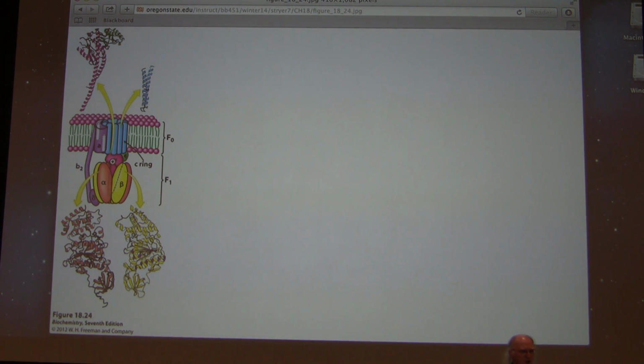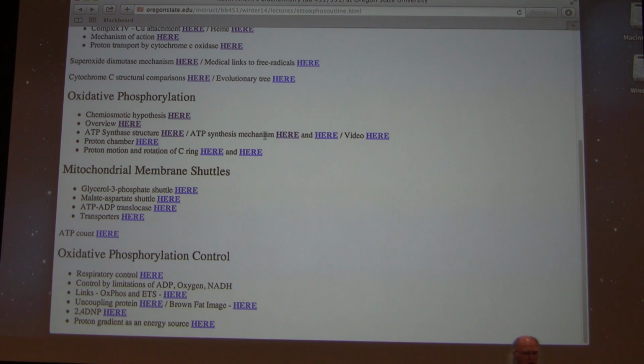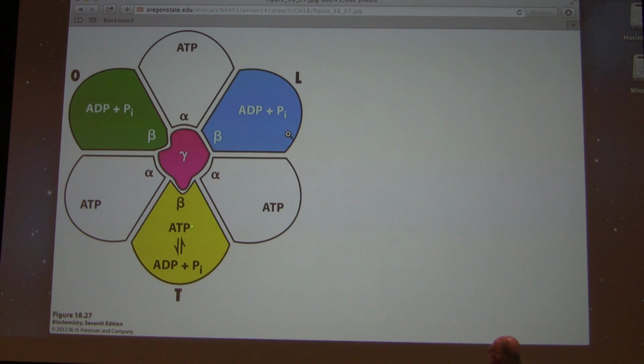So the gamma that you just saw is there. Movement of protons is causing the blue ring to spin. So now, when we look at the gamma, we see the gamma spinning. This gamma on this figure is going to spin in the counterclockwise direction. It doesn't matter if it's clockwise or counterclockwise. I'm just showing you on here because it depends on whether you're looking at it up or down.